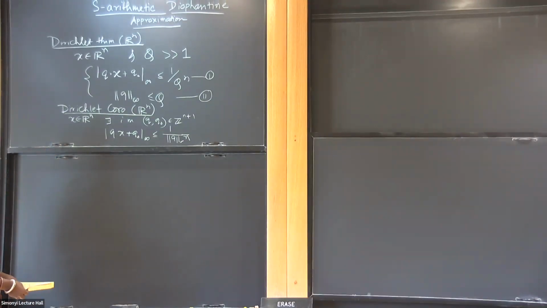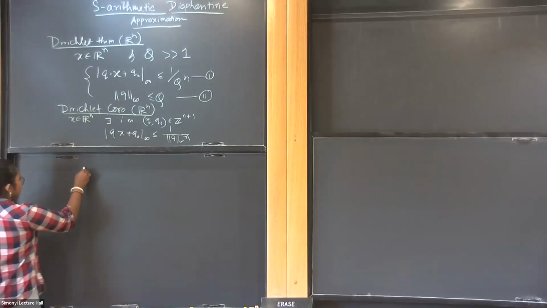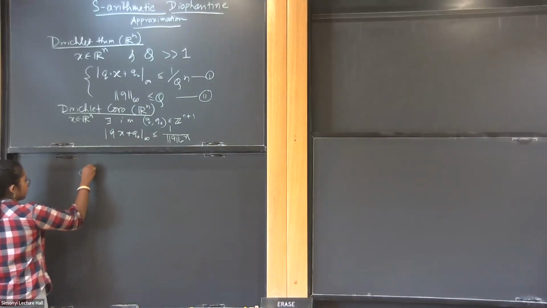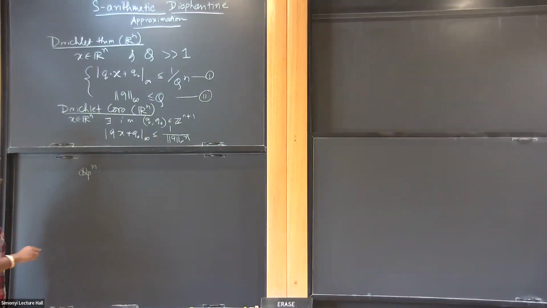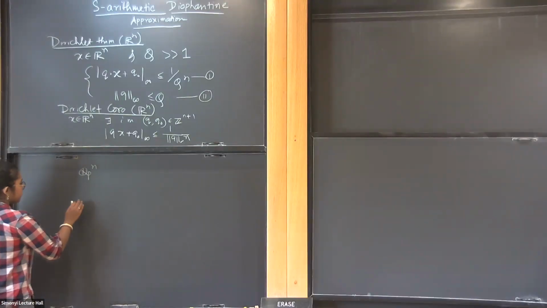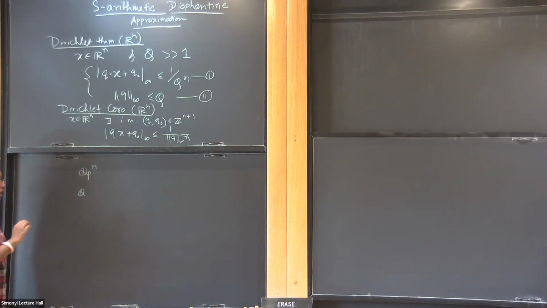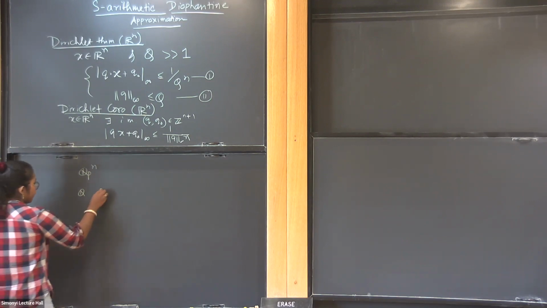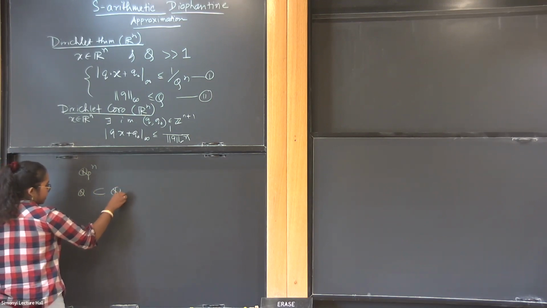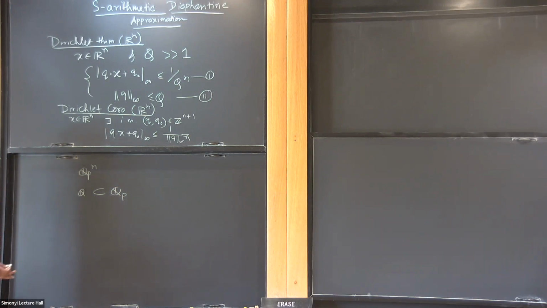Okay, so let's see what we can say in the case of Qp^n. First, let's just define Qp. You have Q, and you take the p-adic norm, and then you complete it, and that's exactly the space Qp. It's a totally disconnected space.